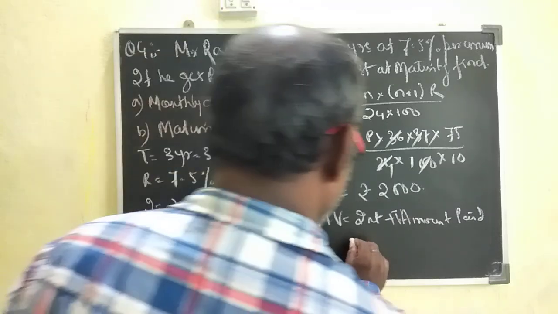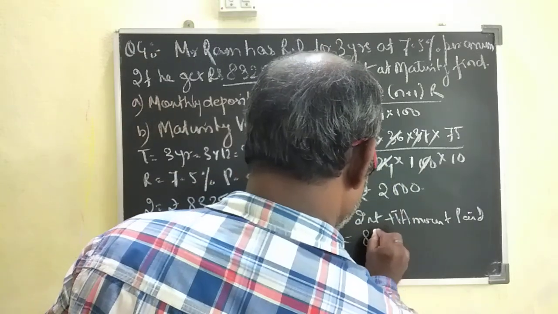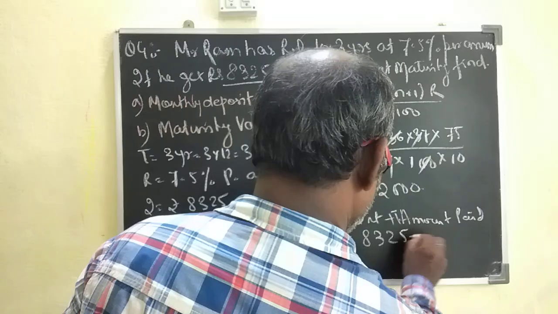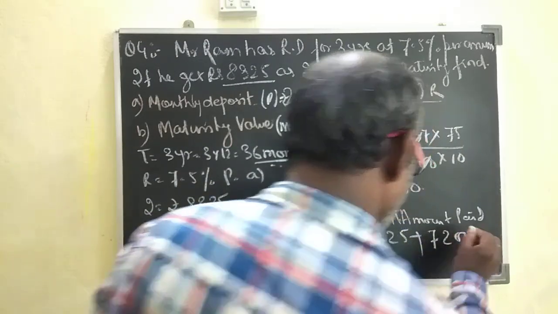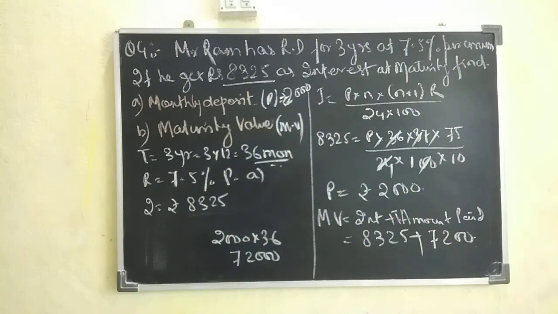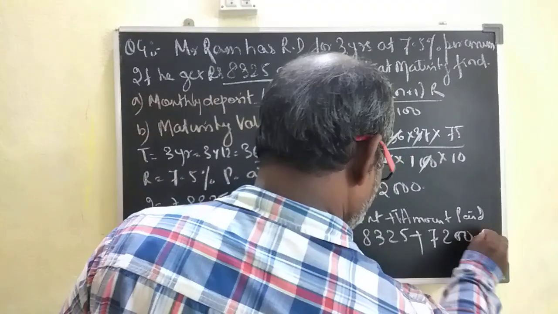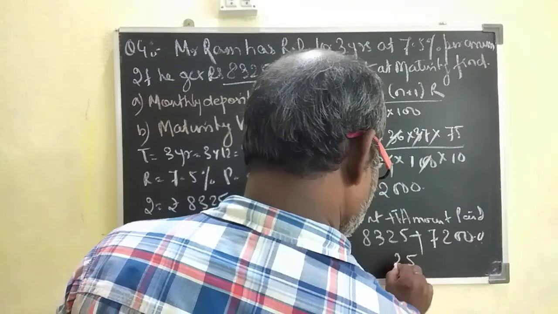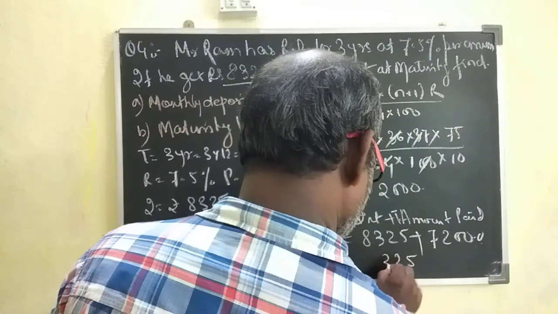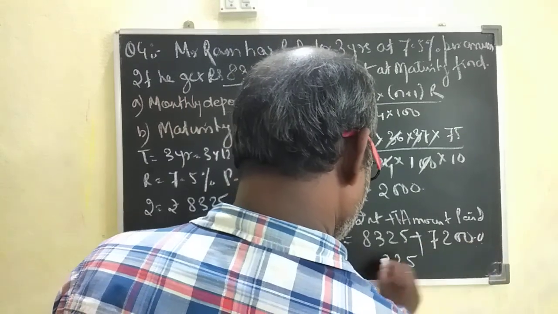So maturity value equals interest 8,325 plus 72,000.